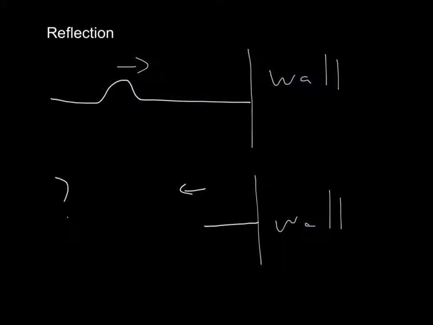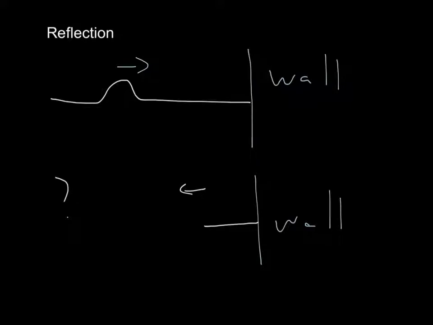So therefore, when this thing gets to the wall, it's going to try to pull the wall up. Now, I don't know if you guys remember Newton's third law. You should remember it. But Newton's third law says that for each action there is an equal and opposite reaction. So if this guy tries to pull the wall up, how's the wall going to react? Pause the video and tell me.